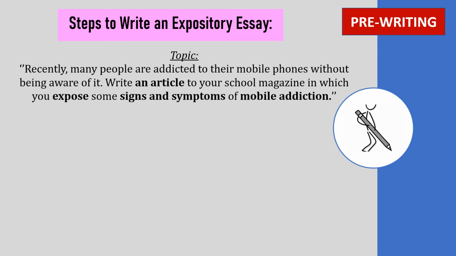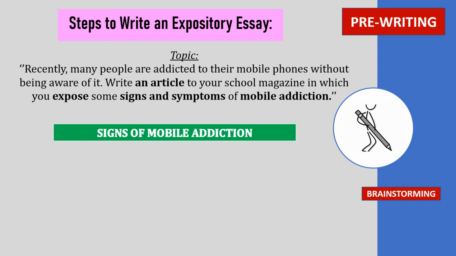So the topic is about mobile addiction, but not in general. We are going to write only about the signs and symptoms that show or explain to the reader the symptoms of being addicted to mobile phones. Great.